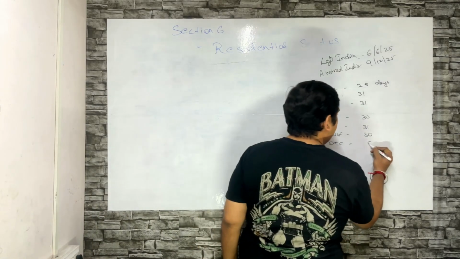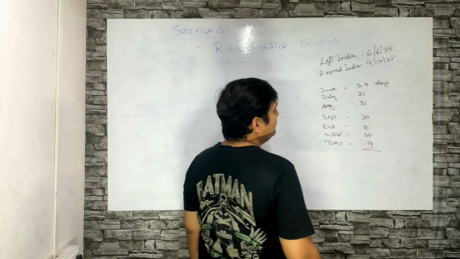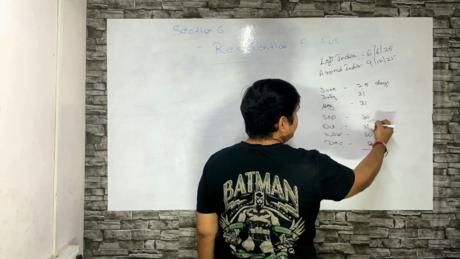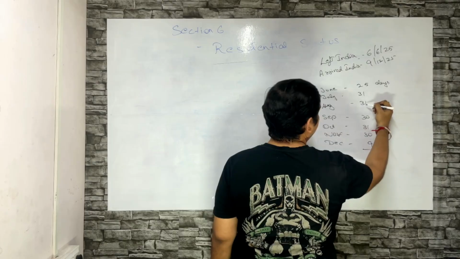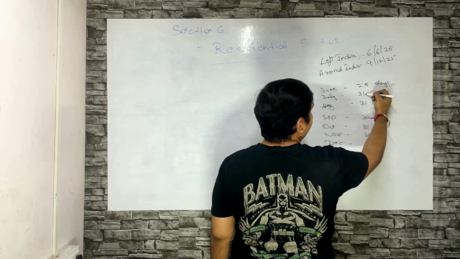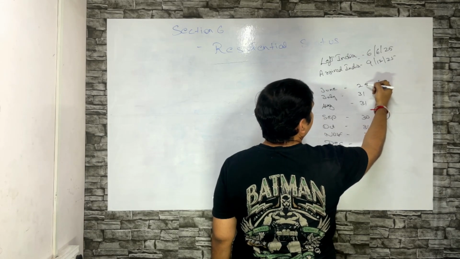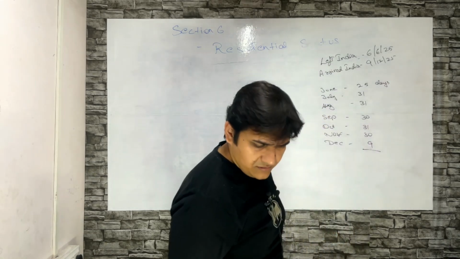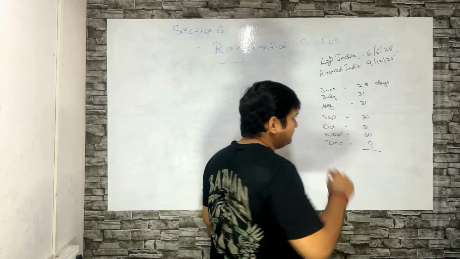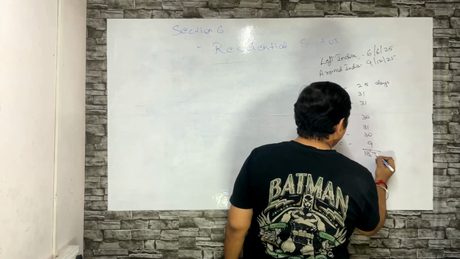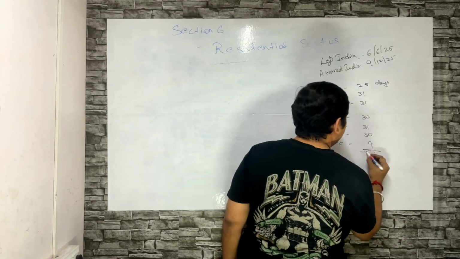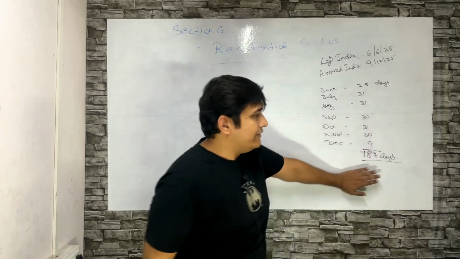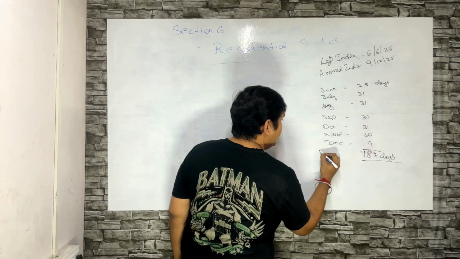So we take 9. How much is the total? 1, 2, 3, 4, 5. 30 times 5 is 150, 151, 2, 3, 153, 173, 178, right, 187. 187 is the days outside India.